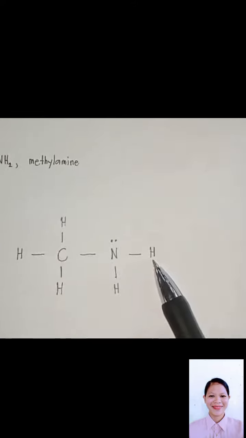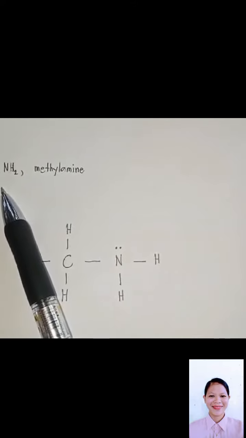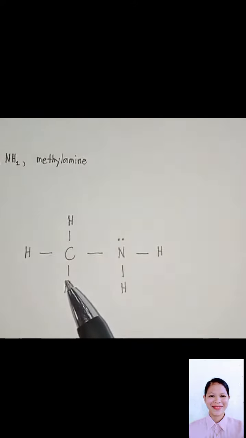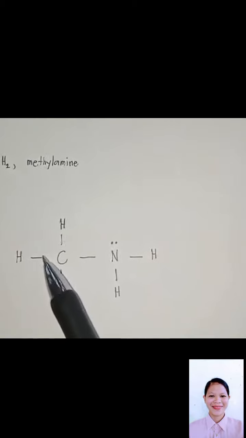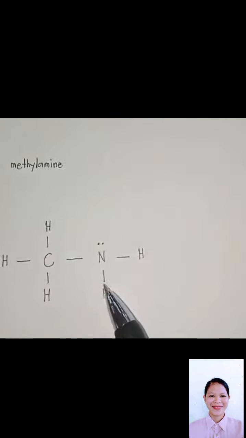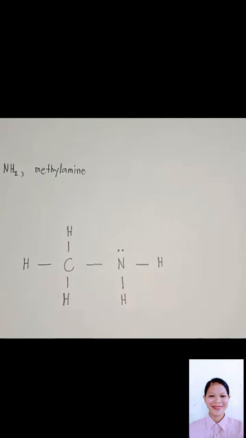So the valence electrons in this molecule is 14. So 1, 2, 3, 4, 5, 6, 7, 8, 9, 10, 11, 12, 13, 14.